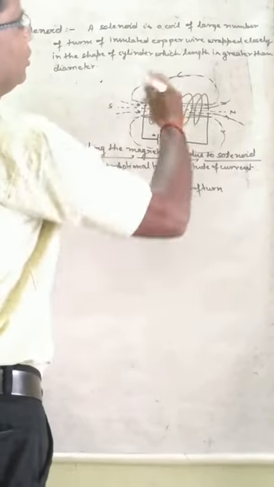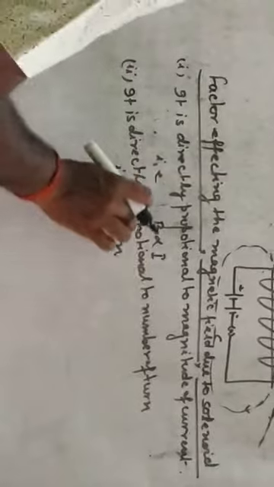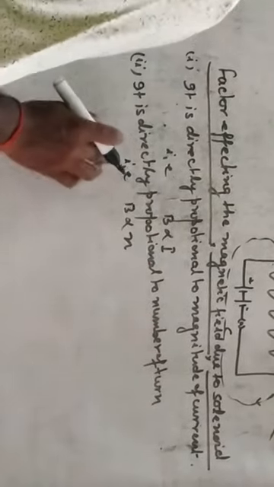The more turns, the more magnetic field is produced here. That is, B is proportional to N.